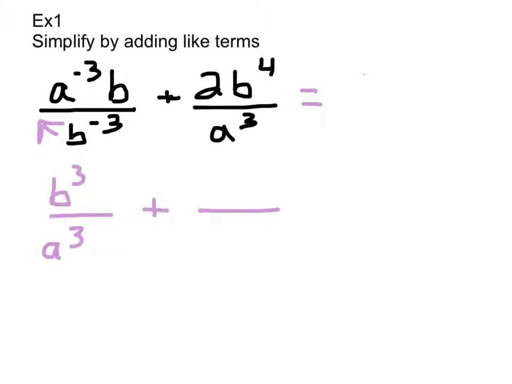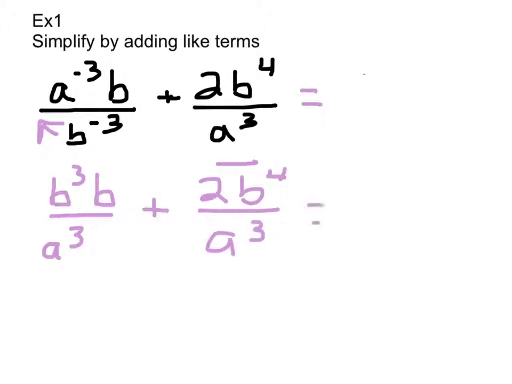And then I still have that b to the first on top. I left the b on top because b means b to the first, and that's a positive exponent.